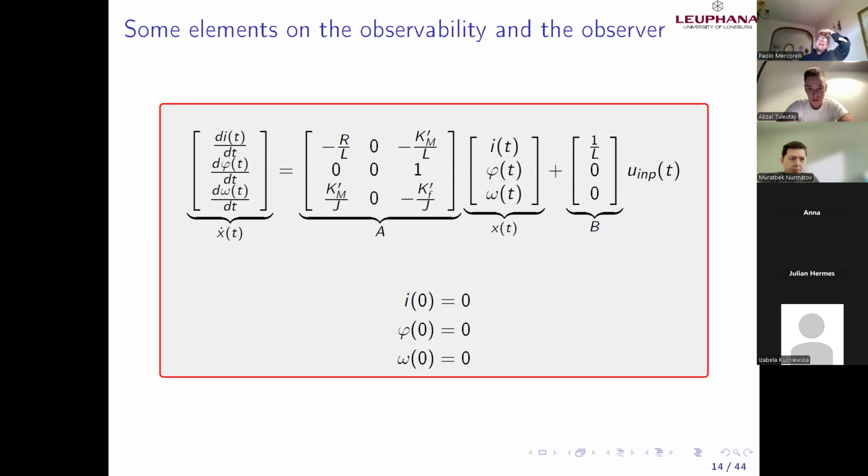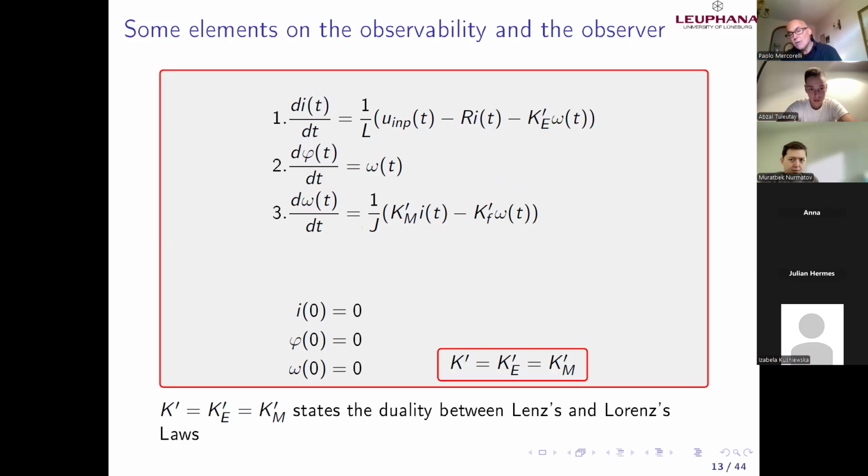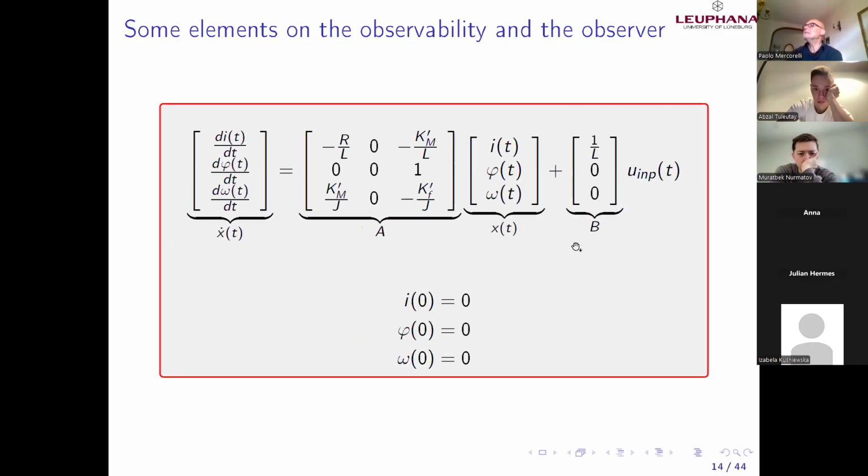Of course, if you want to realize an observer using this model here, it is possible, but we need a particular calculator that does not exist anymore. I don't know if you know the calculator which uses the operational amplifier. You can use also this one, but it's not so suitable. Today, with the use of a microcontroller, typically everything is represented by matrices and vectors.